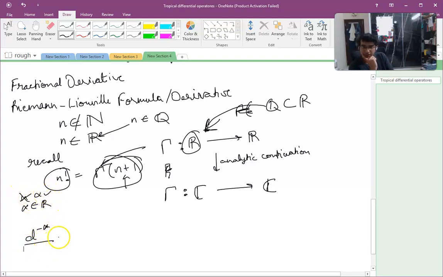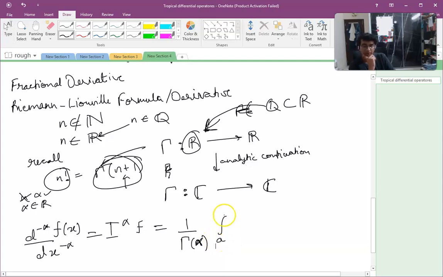So d to the power of alpha f of x, the whole divided by d x to the power of minus alpha, is equal to I to the power of alpha, or integrating alpha times on the function f, is given by 1 by gamma alpha, the whole integral a to x, x minus t to the power of alpha minus 1, f of t dt. Okay, so this is how it was defined.